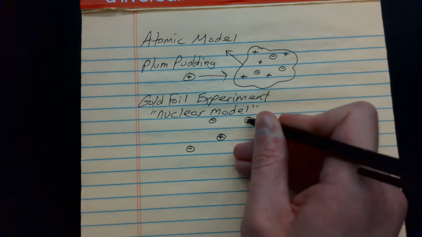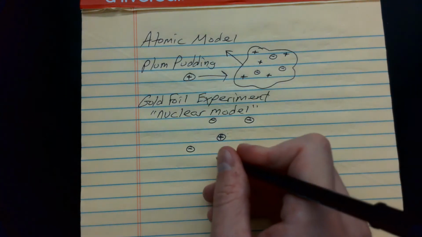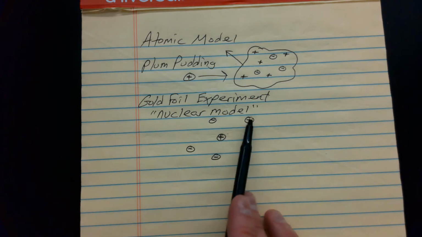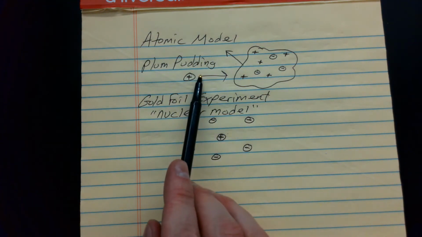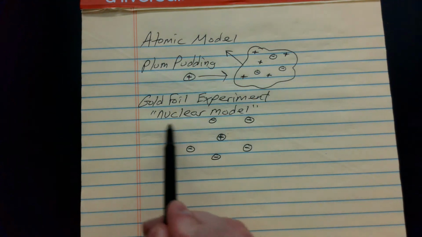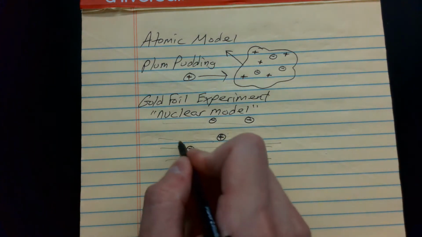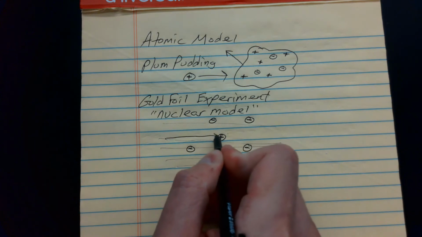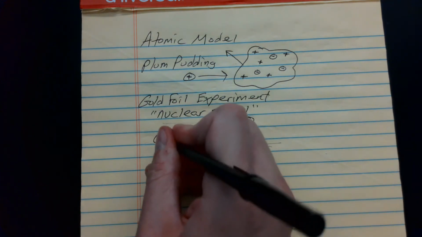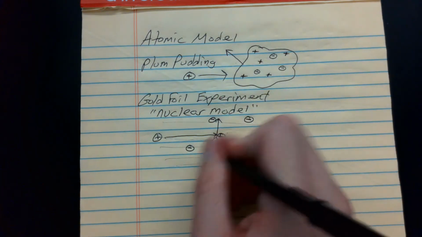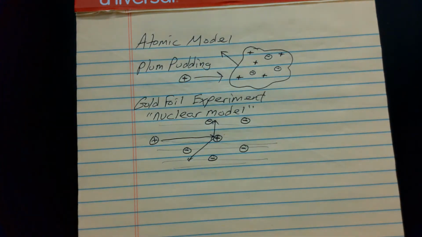So he's getting closer. So now he says protons in the middle, electrons on the outside. That makes sense. While most of those things were able to just go right through the atom, no problem, occasionally when he hit that nucleus with his positively charged particle, it got shot in crazy directions. Again, we're doing a very quick overview.